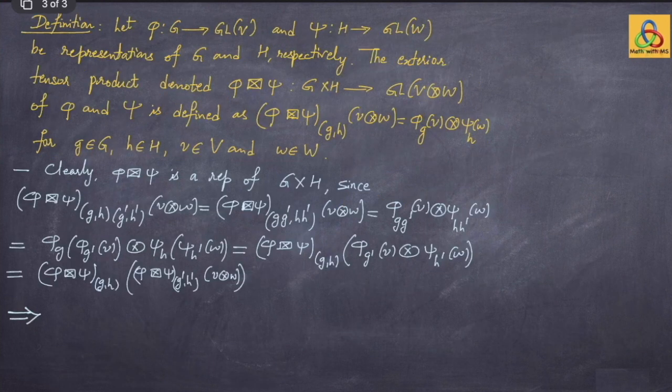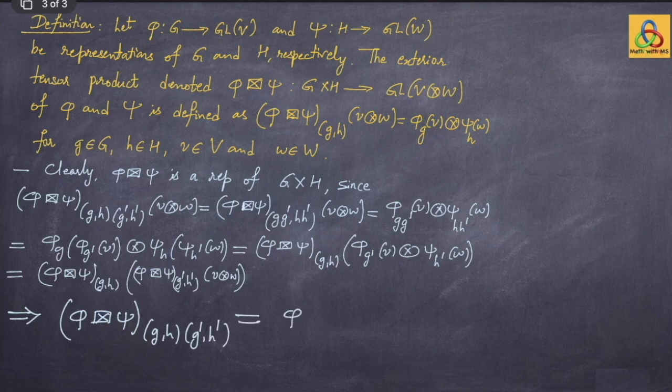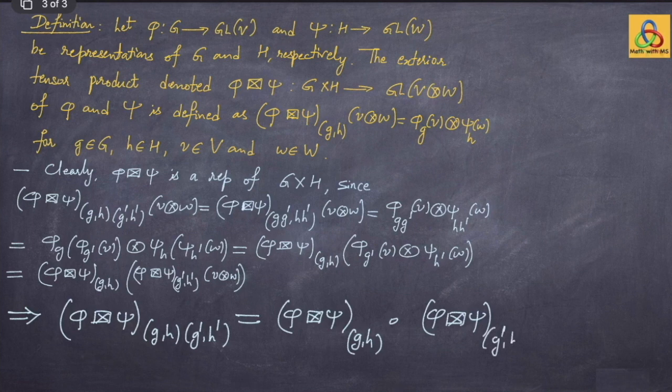Alright, this implies that phi exterior tensor psi of the product of two elements in G times H, namely g h into g prime h prime, is the same as phi exterior tensor psi acting on g h precomposed with phi exterior tensor psi of g prime h prime. Thus the exterior product of two representations is again a representation.